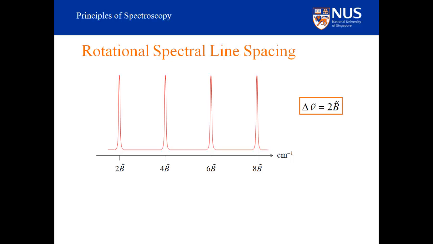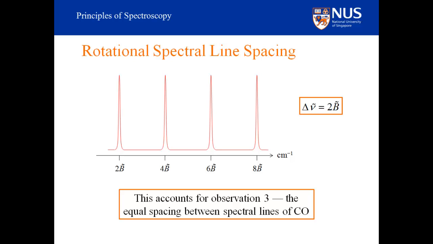So the separation between the first line and the second line is 4B minus 2B, which is 2B. Similarly, the transition from J equals 2 to J equals 3 occurs at 6B. And so the difference between the third line and the second line is 6B minus 4B, which is again 2B. All of these lines are equally spaced.